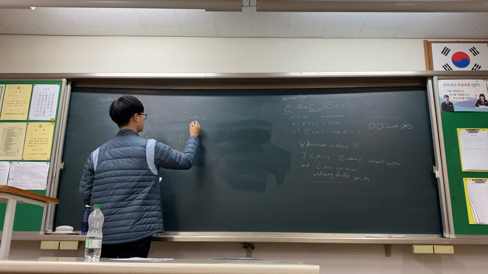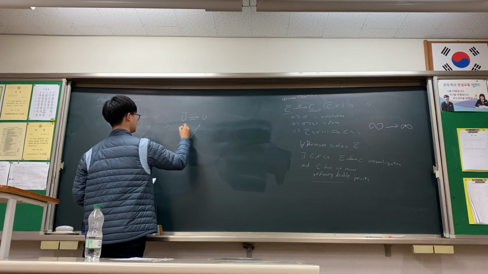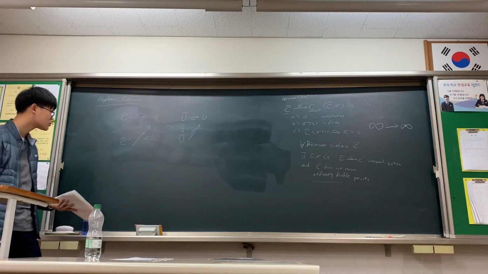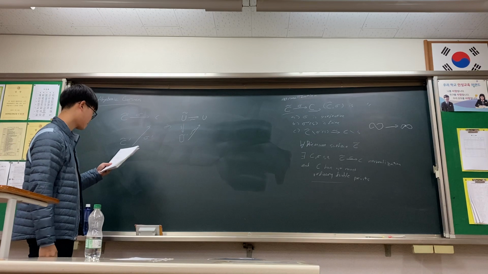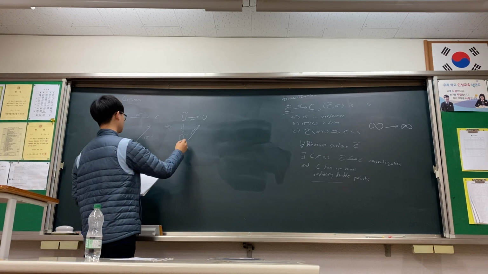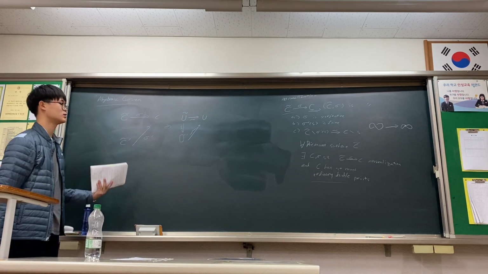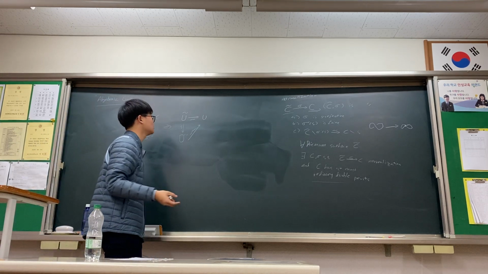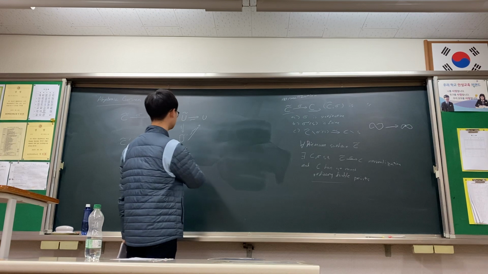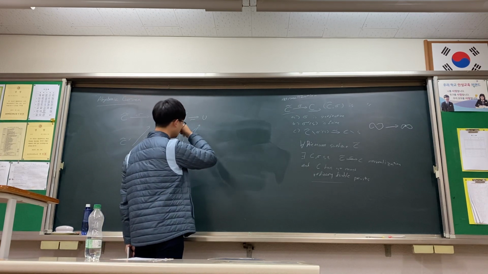And since these are isomorphisms, there's an induced map here. So this is an isomorphism on a very dense open set. And we know that locally it looks like a power. But since it's an isomorphism, the power has to be 1.